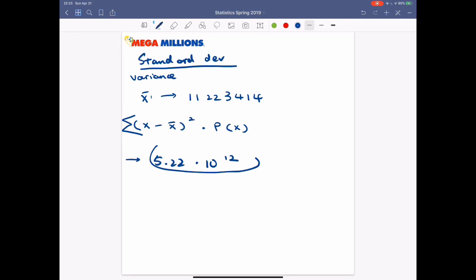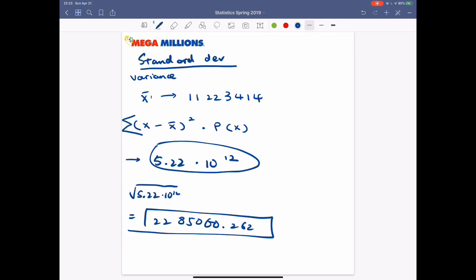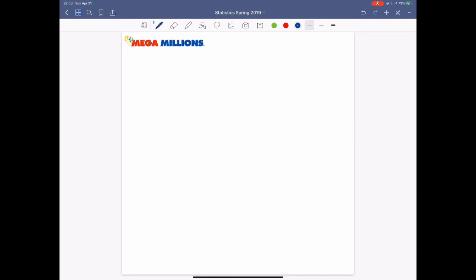In order to find the standard deviation, we need to find the variance first. To find the variance, we need to find the mean of x. Computing all the numbers, we get a mean of 11.23414.